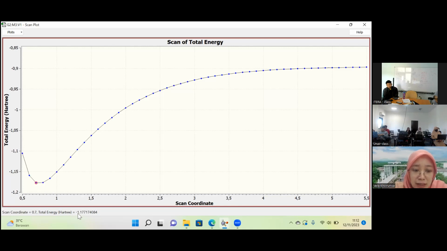In here, the energy is 1.177, and in here is 1.176. So which is the lowest? The third or the fourth step? The third one. Yes. So this would be the R0.